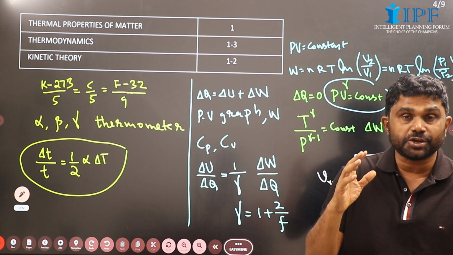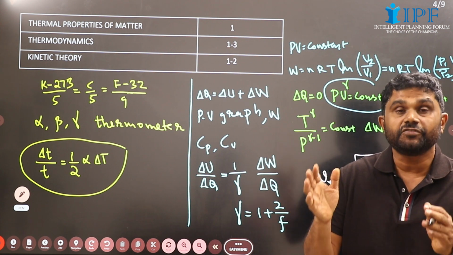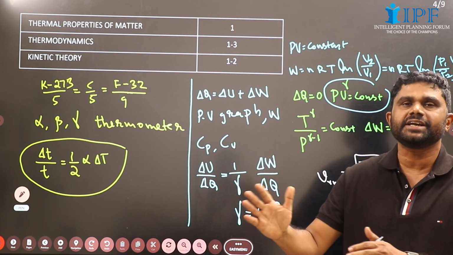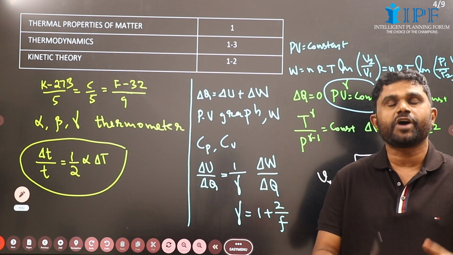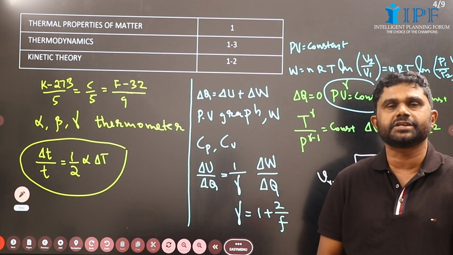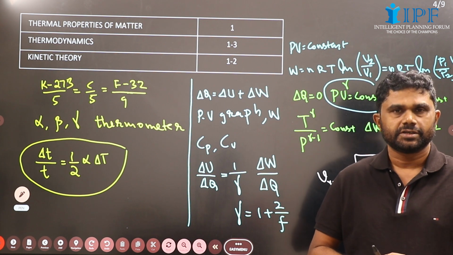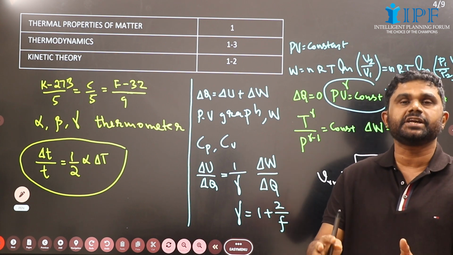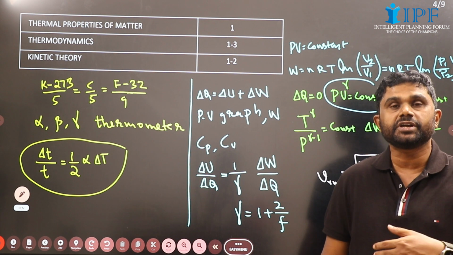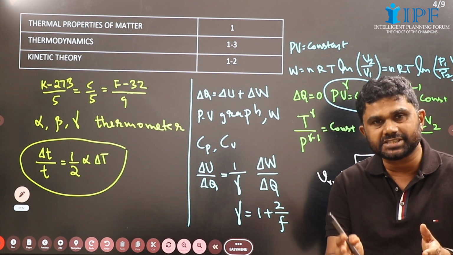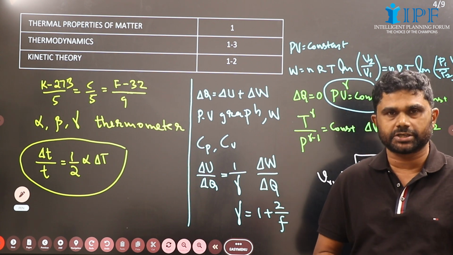What fraction of the heat added will be used to increase the internal energy? Suppose 1/3 of the heat is used to increase the internal energy, then 2/3 will be used for external work done. Suppose 40% of the heat added is used to increase the internal energy, then 60% will be used for external work done.